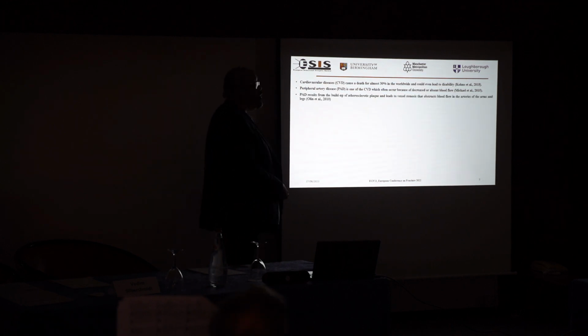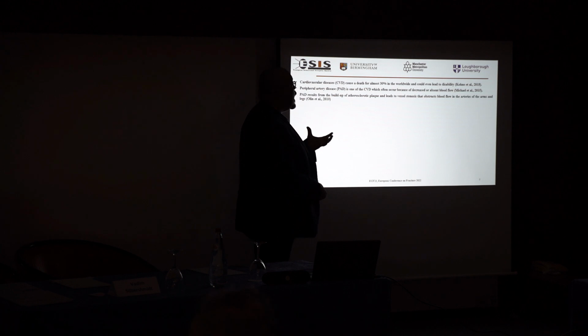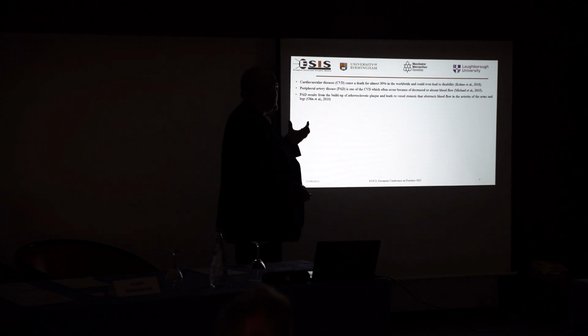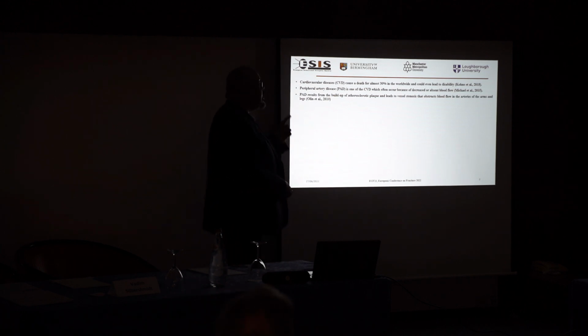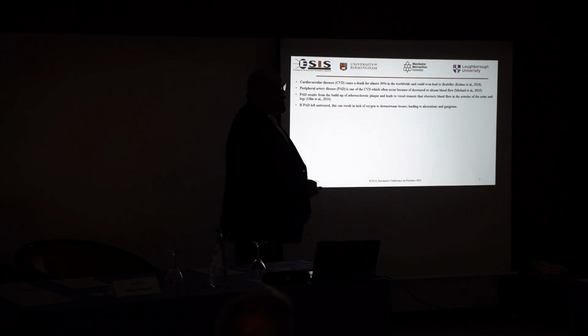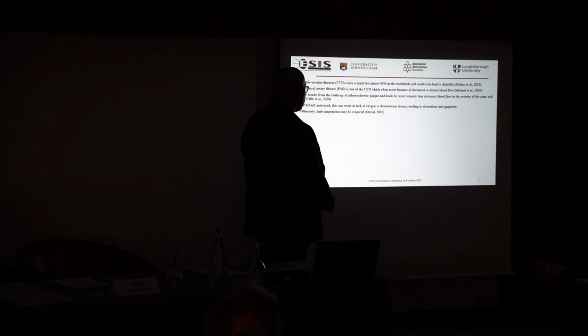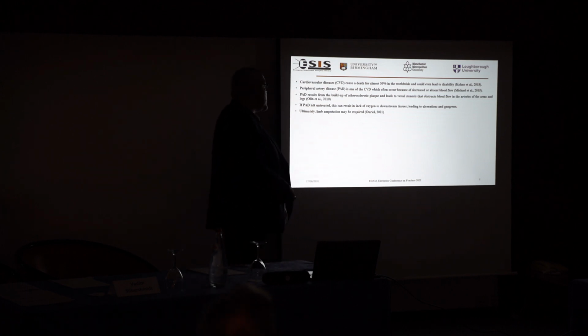PAD results from so-called plaque and leads to vessel stenosis and limits blood flow in the artery in the arm or the leg. If this remains untreated, it results in a lack of oxygen downstream to the tissue, leading to ulceration or gangrene. Ultimately, limb amputation may be required.